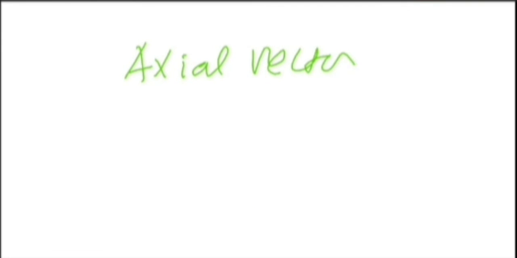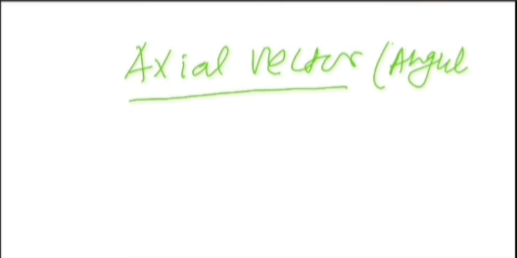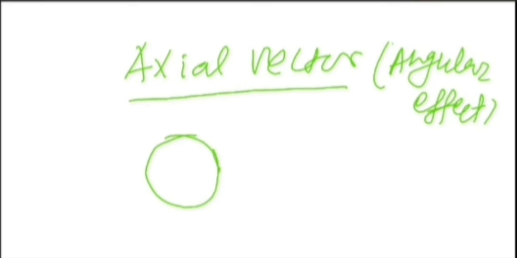Now discuss axial vector. When a particle rotates on a circle or rotates about any axis, then the vector related to this is called axial vector. For example, a particle is moving on a circle. After some small time dt, it has angular displacement d theta.